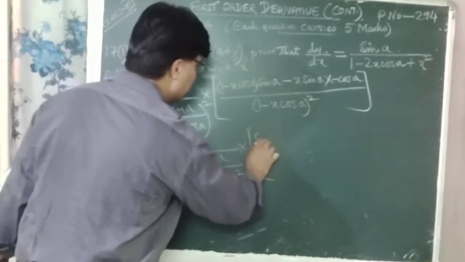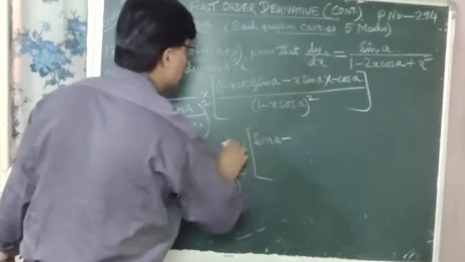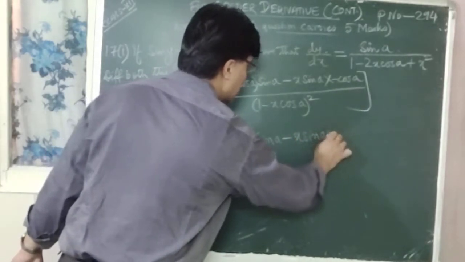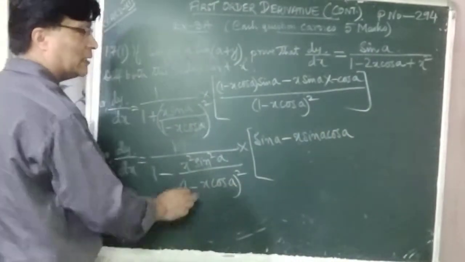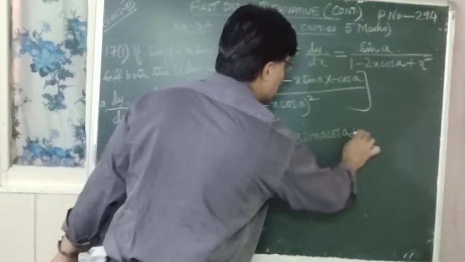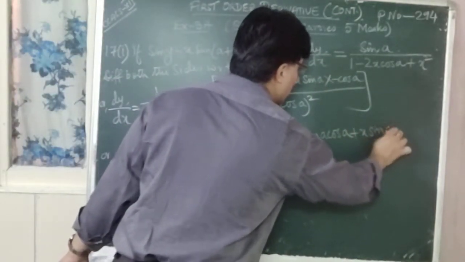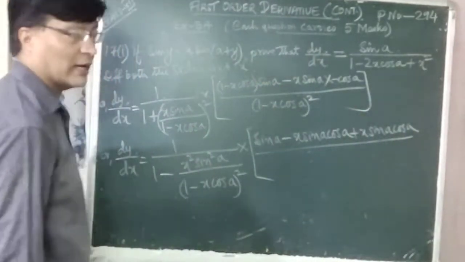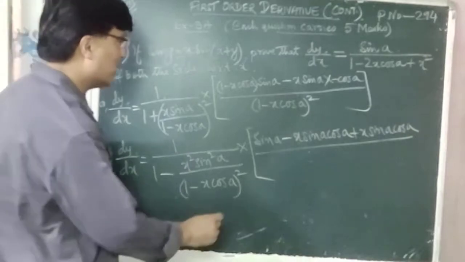1 into sin a, this is sin a, then minus x sin a cos a, then minus into minus is plus, this is also x sin a cos a. This whole divided by, in the denominator, what do we write?